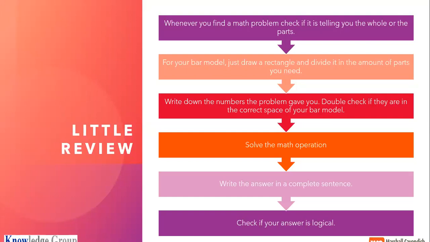The amount of parts you need is usually 2 parts, at least 2 parts. Write down the numbers the problem gave you and double check if they are in the correct space of your bar model. Just check out if you're not writing the whole in one of the parts or the parts in the whole, you know what I mean? Solve the math operation, addition, subtraction, whatever it is. Write your answer in a complete sentence and check if the answer is logical.